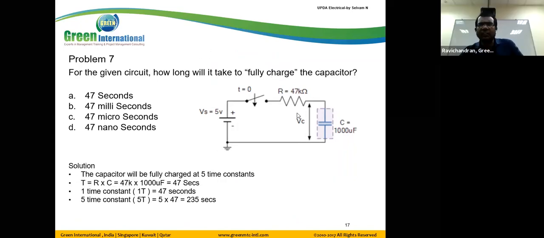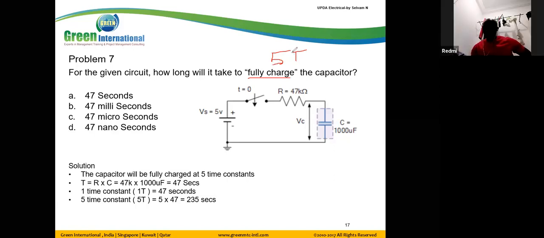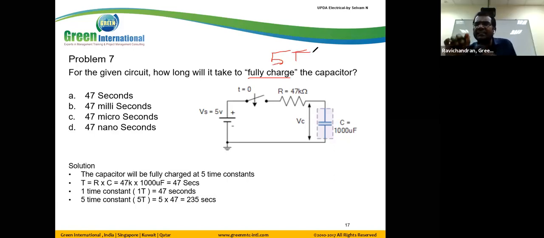For the given circuit, find how much time it takes to fully charge. That is 5 tau. Full charge means it is reached only at steady state. Steady state means 5 tau.